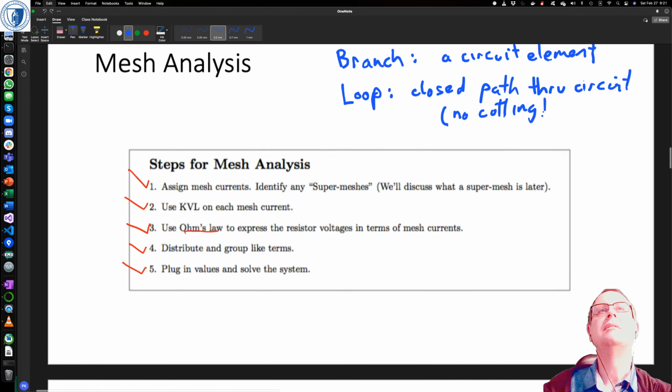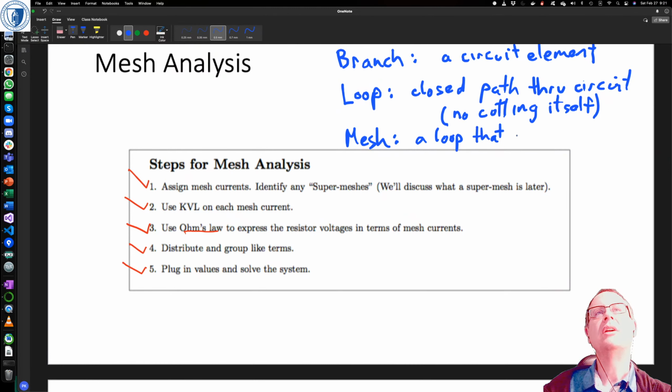And let's be explicit. And then a mesh is a loop that doesn't cut a branch.